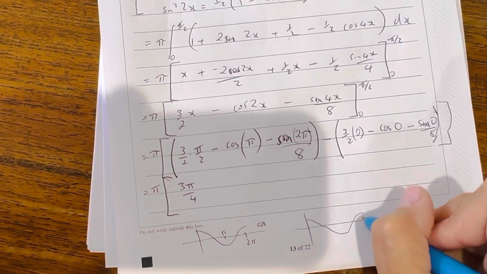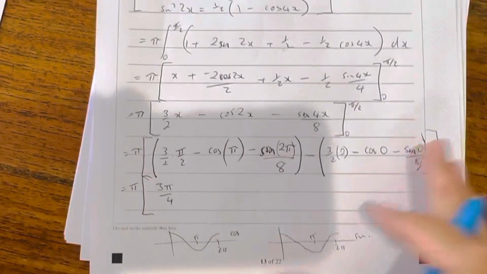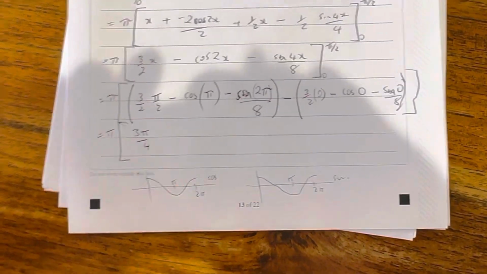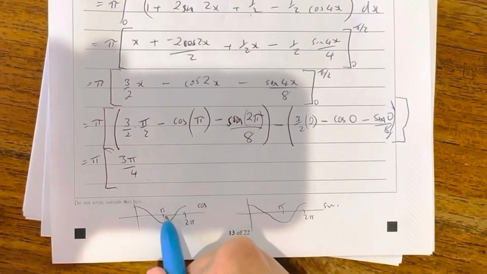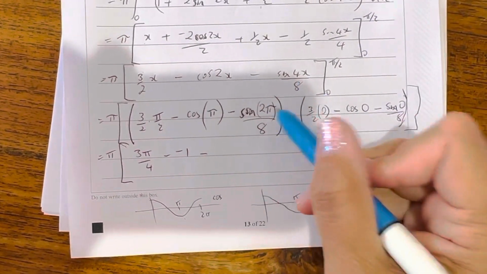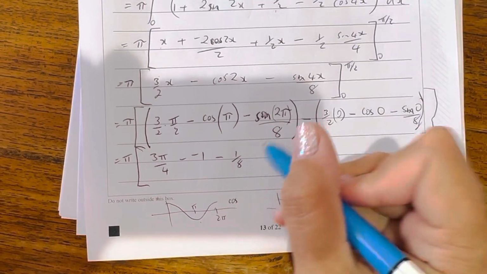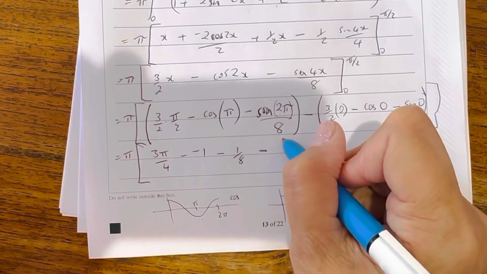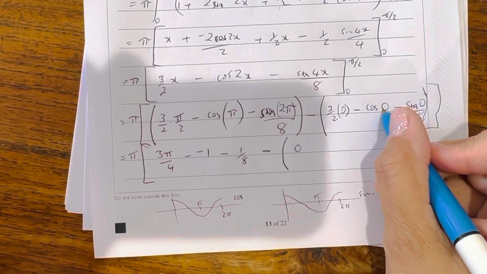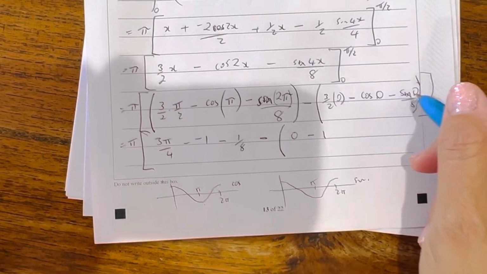Sine is this graph to 2 pi, so that's sine. So we can get our exact values. So the cos of pi is -1, so we take -1. Sine of 2 pi is 1, take 1/8. Take away in brackets. Obviously that's 0. Cos of 0 is 1, take 1. Sine of 0.